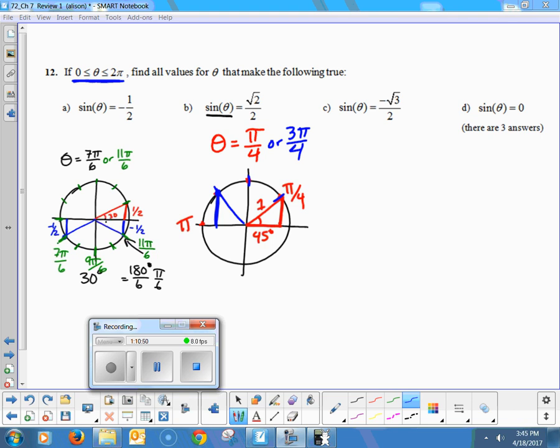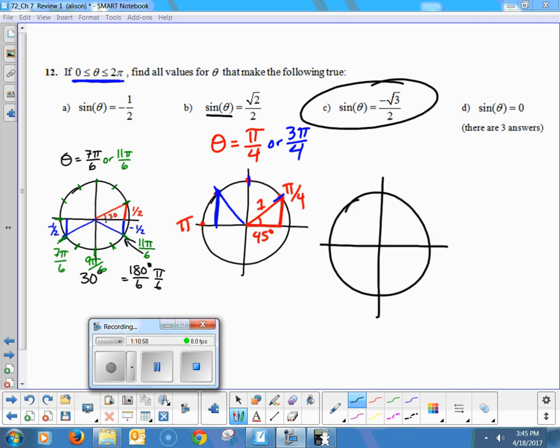Number C says, where's the sine negative root 3 over 2? So again, I'll draw my unit circle. That looks kind of special. I think that's from a 30, 60, 90. And that would mean it's the long side of a triangle, like that long side there. So negative root 3 over 2 would be with negative 1/2. We want to find that angle.